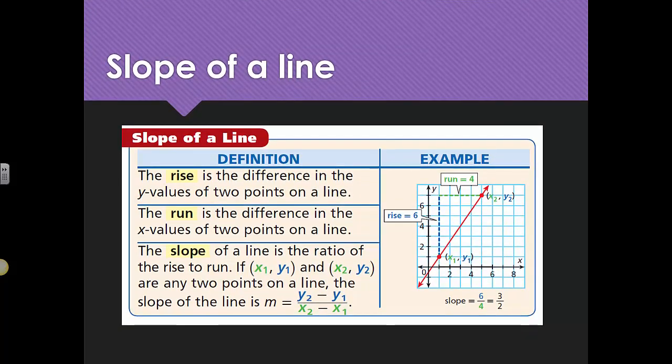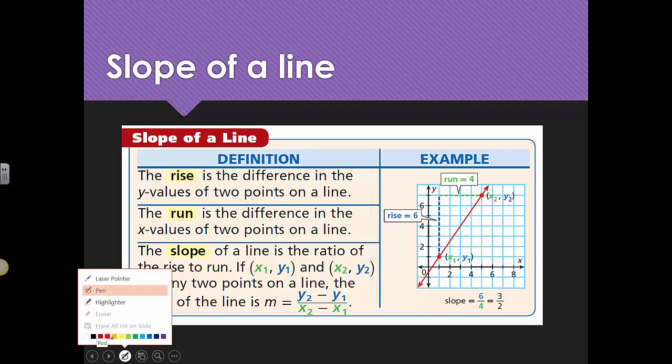All right, so we're going to talk about the slope of a line, and the slope of a line is the comparison of its rise to its run. When we talk about rise and run, we're really just talking about the steepness of that line.